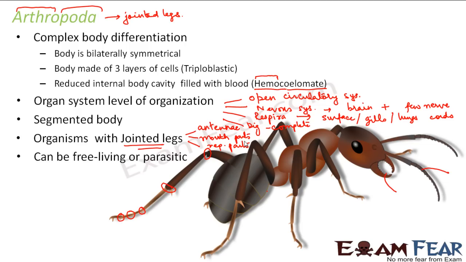They can be free-living or parasitic. That means they can live on their own, and also they can cause disease in some other organisms. When I talk about causing harm, we can think of one example of arthropods, that is mosquitoes. Mosquitoes are the blood-sucking vectors which are capable of causing diseases like malaria.